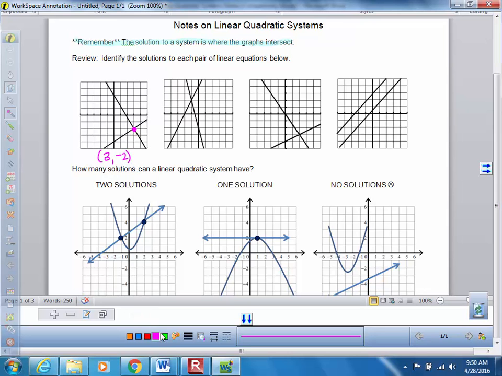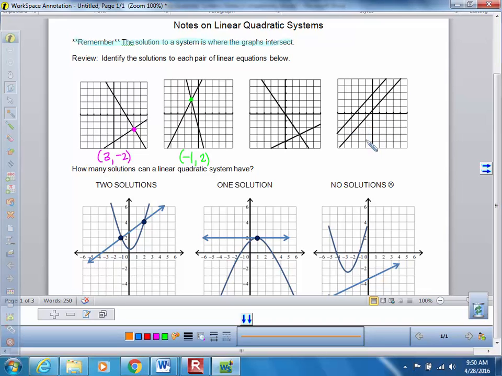Very good. In this second one, we're looking at where both of these lines intersect, so that would be right here. So from the origin, we'd go left 1, up 2, so that would be -1, 2. What about this example here? Do they intersect?